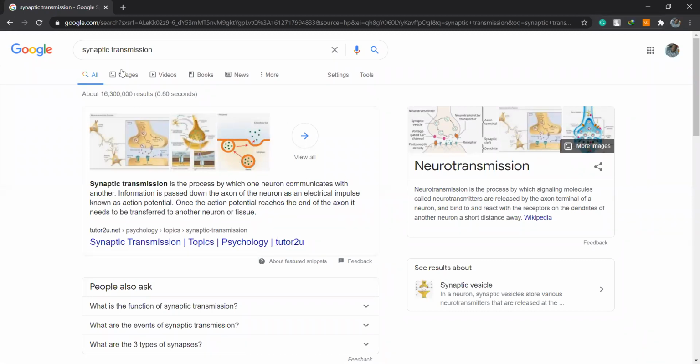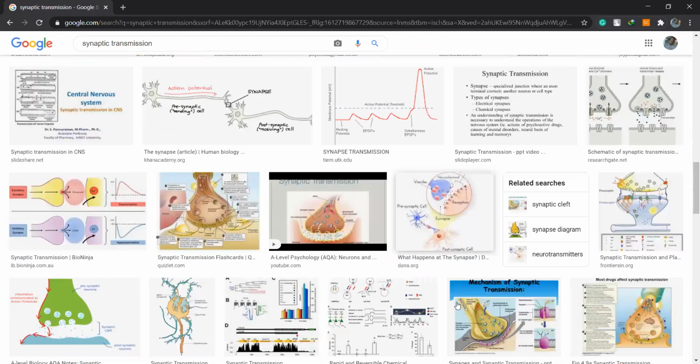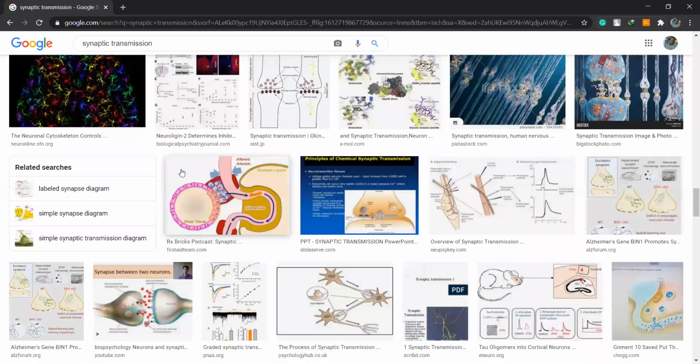So let me get images of synaptic transmission. I'm trying to get a better image, so please exercise some patience.